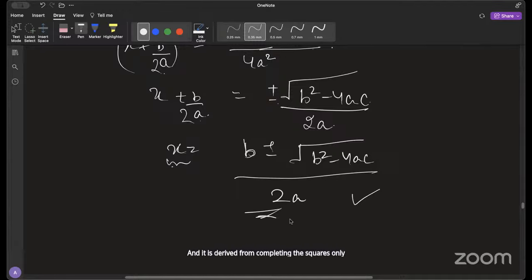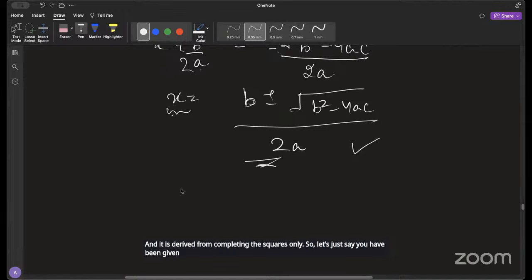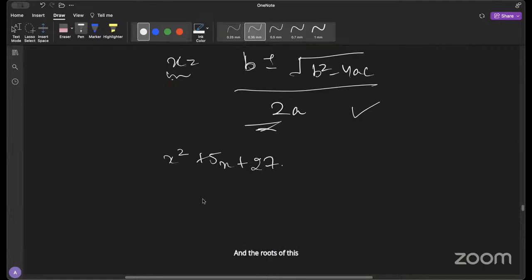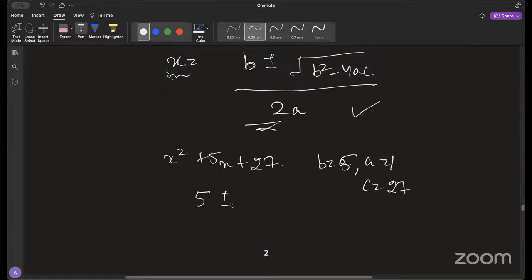So let's just say you have been given x square plus 5x plus 27. Then the roots of this are going to be minus 5 plus minus the square root. So b is 5, a is 1, and your c is 27.